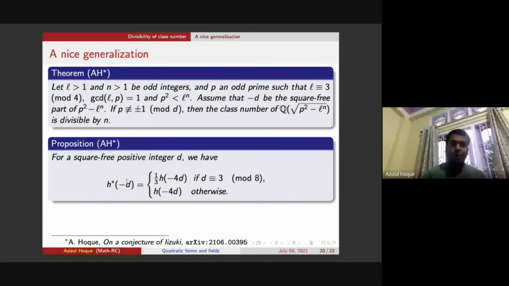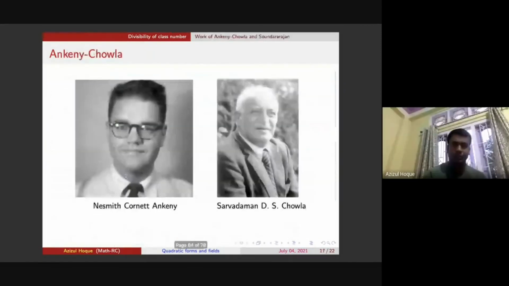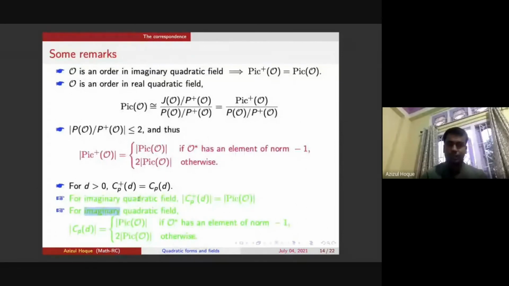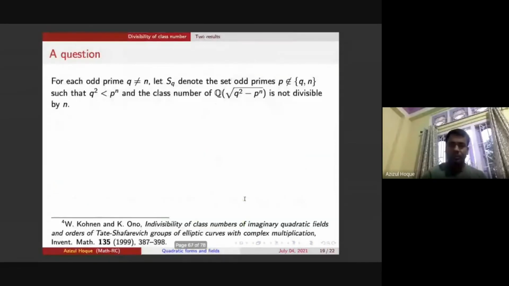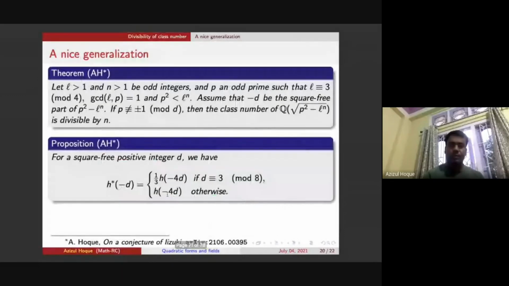So I have deduced this one from this concept. That's for imaginary quadratic field. I use that one, and with the help of that one, I have found this S star minus D. What is this S star minus D?